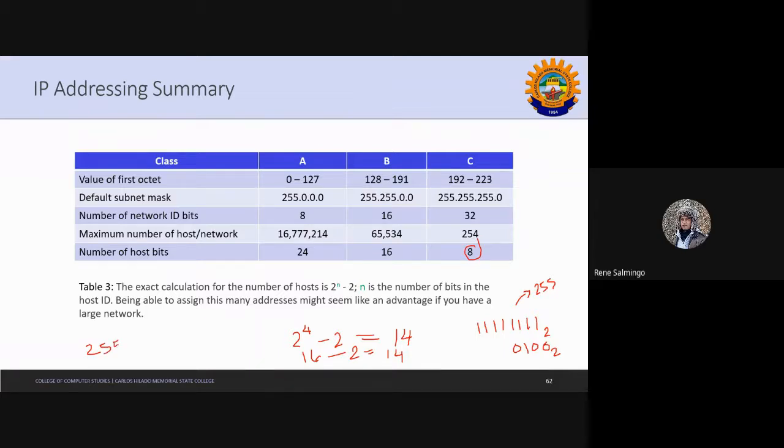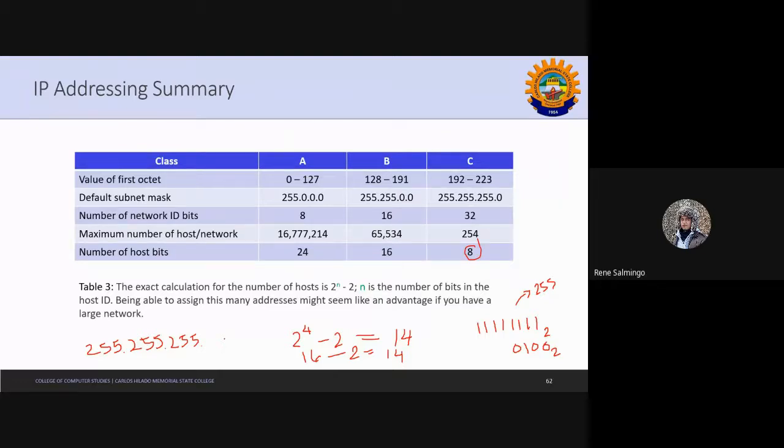So we have 255, and you subtract 4 from 255.